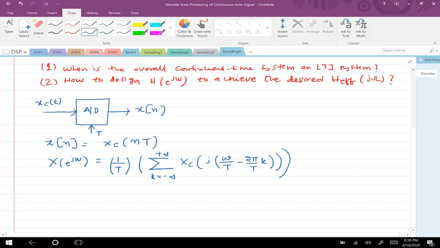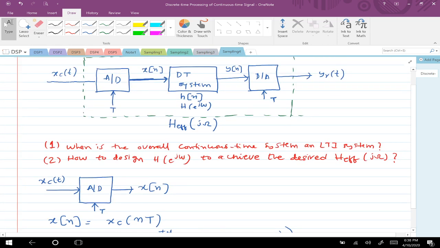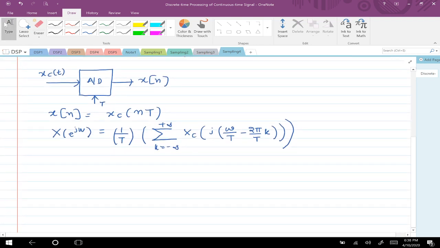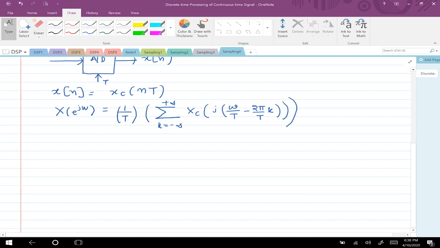Now let's go back to the second part, where you give x of n, a discrete time input, and get a discrete time output, with the system response as h of n. Let's work out that part now. So you have a block whose impulse response is h of n.